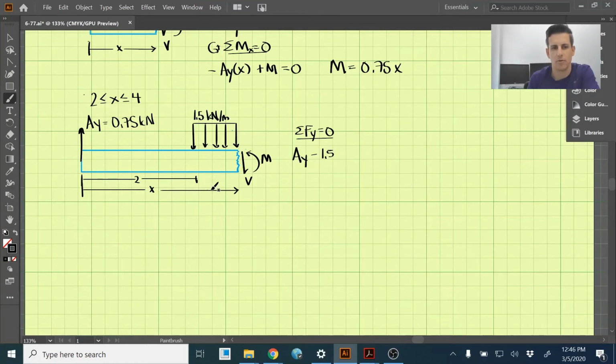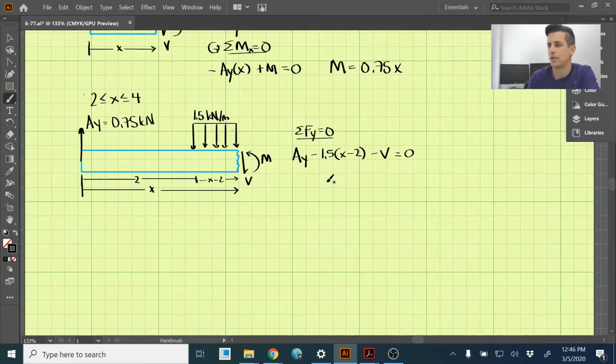And if this total distance is x here, the length that this distributed load is acting upon is x minus 2. So this distance here is x minus 2, so we put in x minus 2 here. And then we also have our downward shear V here.